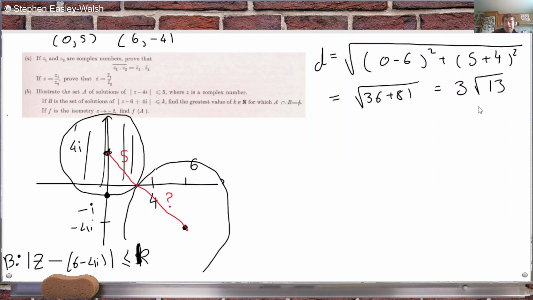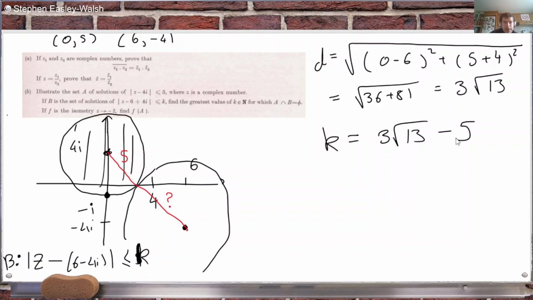So the k would be 3 root 13 minus 5. Yeah, so it's about 5. It's 5.8. That looks believable from my very rough graph.